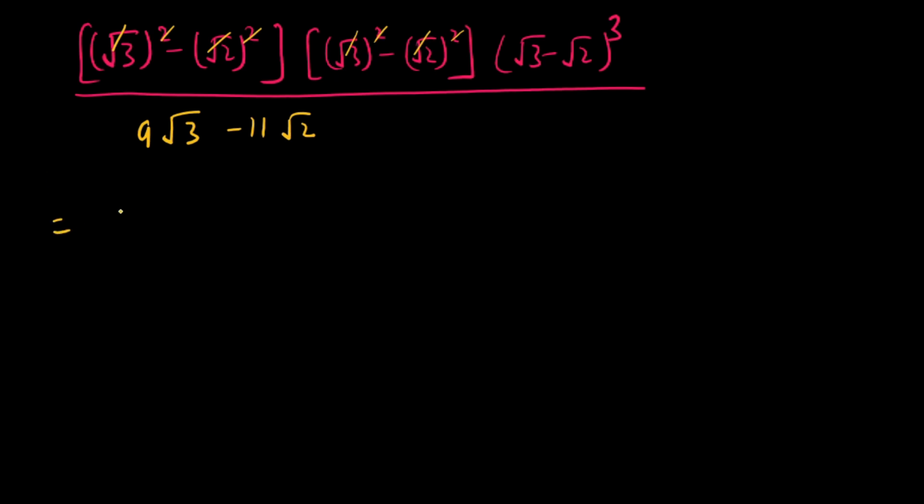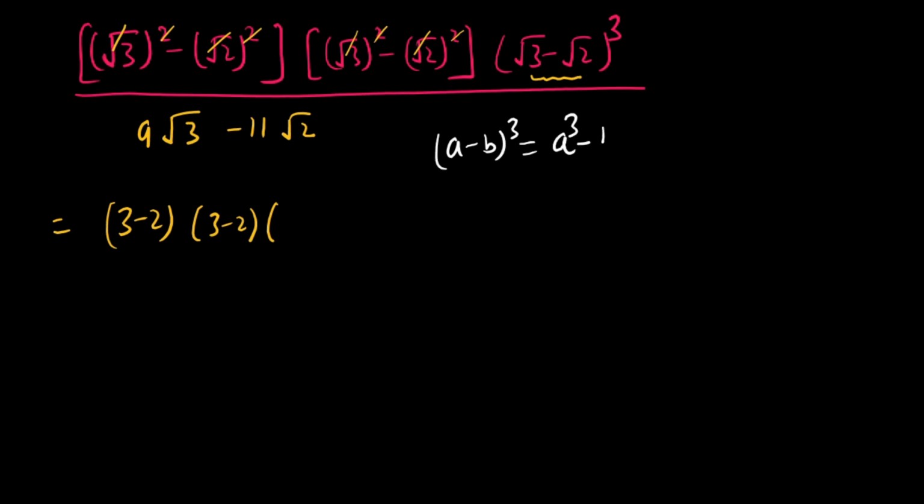Then here in the numerator we have 3 minus 2, and here also 3 minus 2, and here we will apply a minus b whole cube. A minus b whole cube is equal to a cube minus b cube minus 3 times a square b plus 3 times ab square.